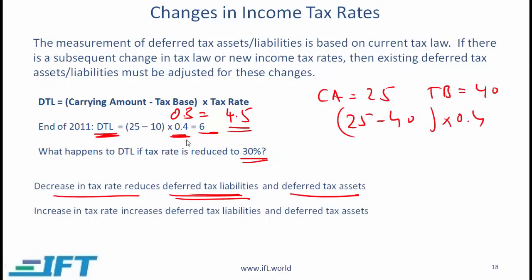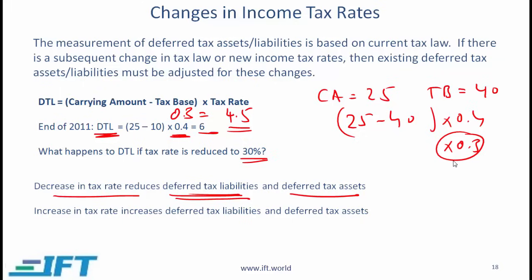This gives a minus number. A minus number would mean that we have a deferred tax asset. If we multiply instead by 0.3, which is the lower tax rate, then in absolute terms we will have a smaller number. That is the mathematical way of looking at it.